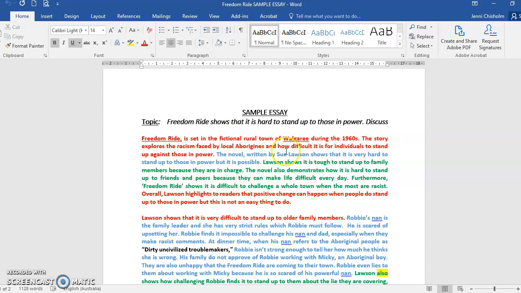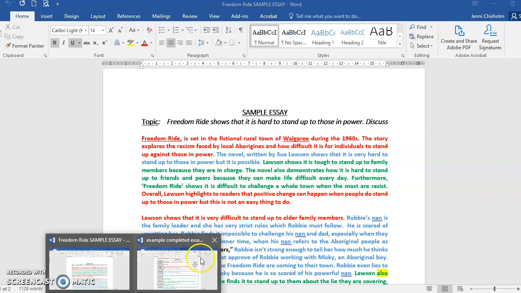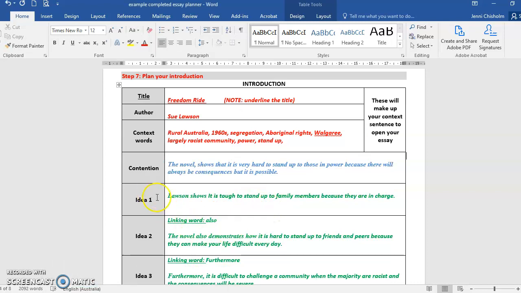All right. This blue part here is the contention. So the novel written by Sue Lawson shows that it is very hard to stand up to those in power, but it is possible. Okay, so that's the contention for this essay. Then the bits in green are your three main arguments. So you'll see on your planner, if we just go back, you had idea 1, idea 2, and idea 3.